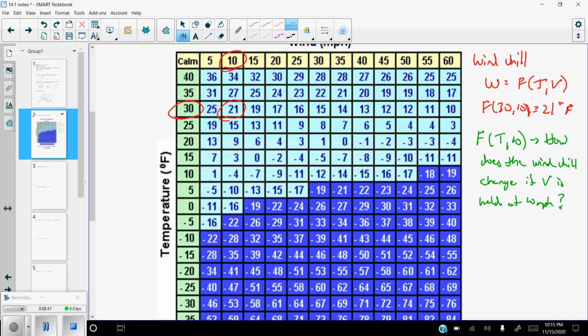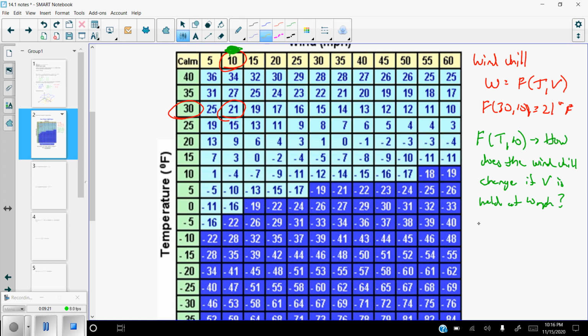That's what f of t, 10 is actually wanting us to find. How does the wind chill change if the velocity is held constant at 10 miles per hour? So basically what you would be doing is looking specifically at this column right here, and you would have to figure out specifically what the actual change is depending on where you're trying to find it. Okay, so that's one idea.